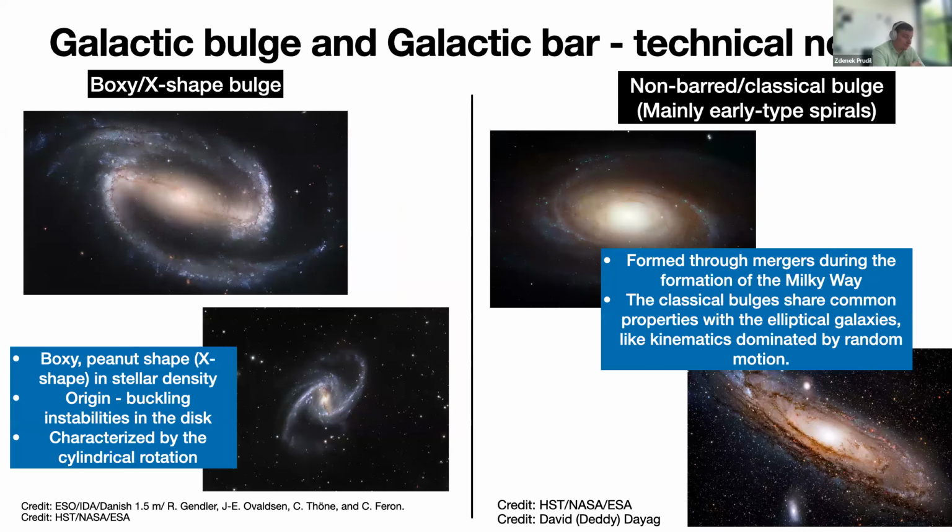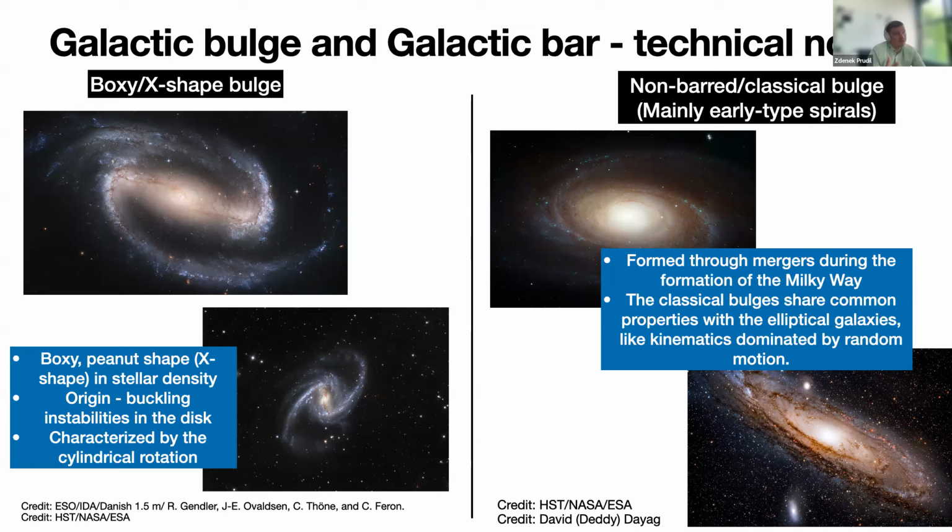Now, to categorize the bulges, we divide them into two categories: the boxy X-shaped bulges, where the dominant feature is the galactic bar. They have the peanut shape feature, and they originate from the instabilities in the disk early on, and they're characterized by cylindrical rotation.